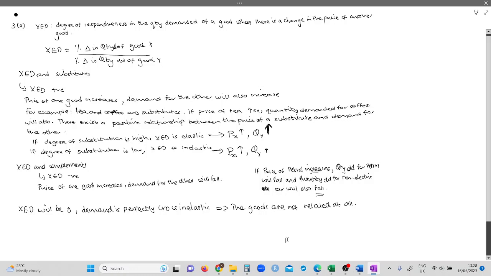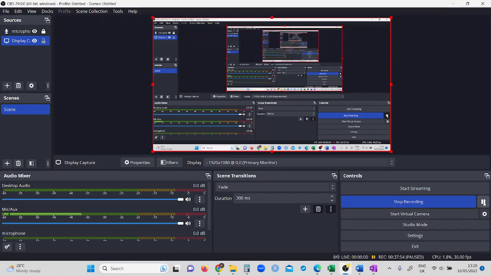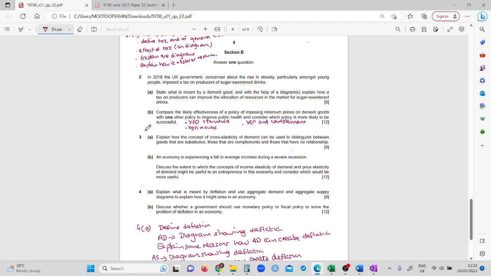Okay, so I hope you have already taken that. So, for the last part of the question, the 12-mark question, we have to provide an evaluation for income elasticity of demand and price elasticity of demand. Okay, so for question 3B, we will have to talk about income elasticity and price elasticity.